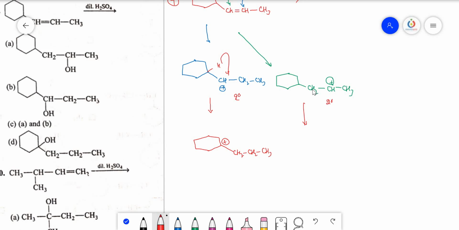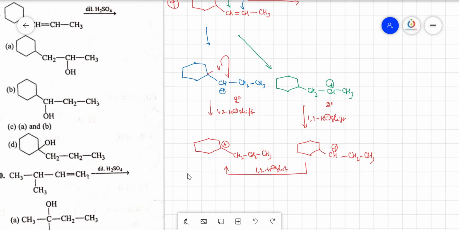After shifting this hydrogen here, it will make this a secondary carbocation, and again this hydrogen will be shifted, meaning it participates in two hydride shifts. This is a 1,2 H minus shift, hydride shift. Here also a 1,2 hydride shift takes place, so that we get CH plus, CH2, CH3. Again after the 1,2 hydride shift, we will get the same molecule.